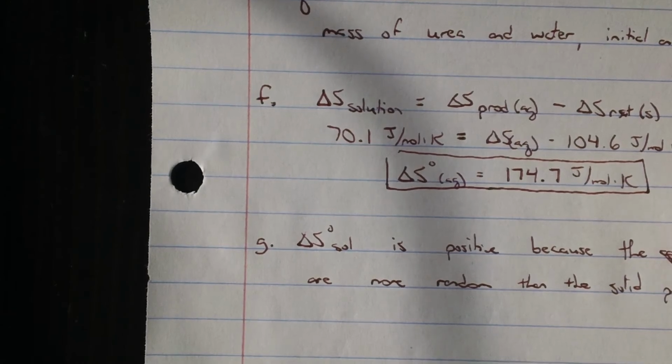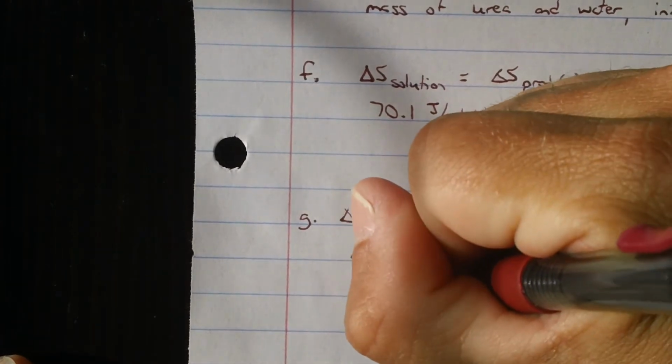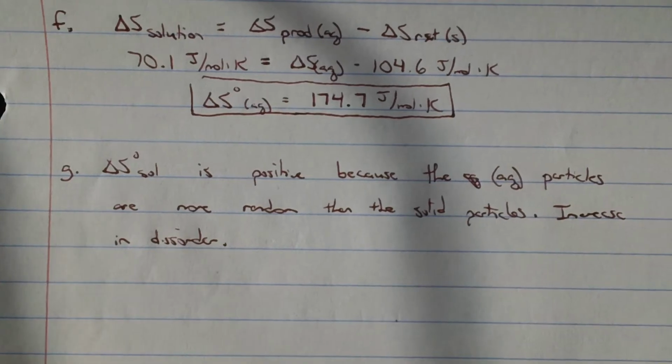Increase in disorder. That's how I'd write it. Randomness, disorder, that's what delta S is. There's what she looks like.